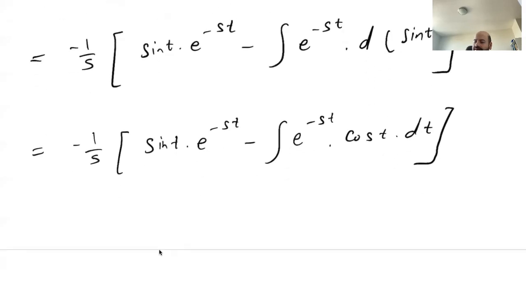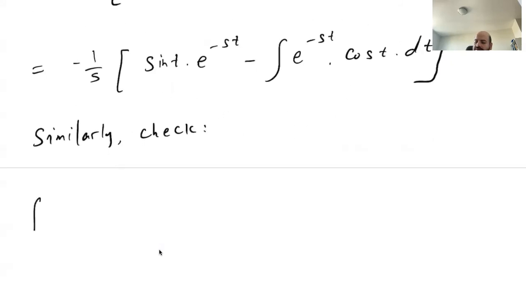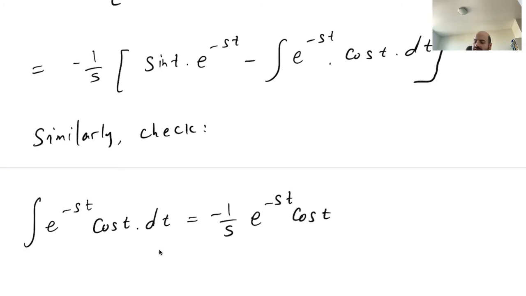So similarly, you can check that integral e to power minus st cos t dt can be written as minus 1 over s e to power minus st cos t minus 1 over s integral e to power minus st sine t dt.